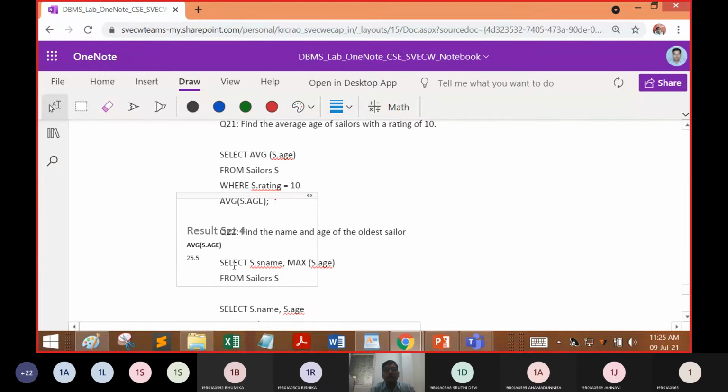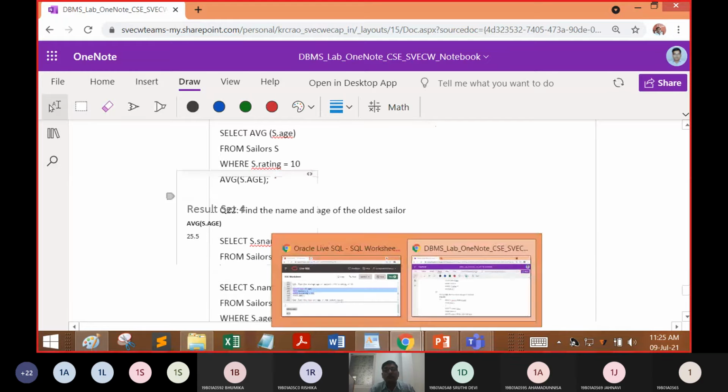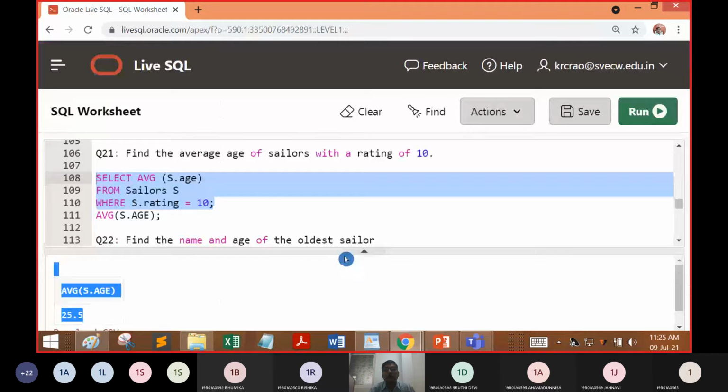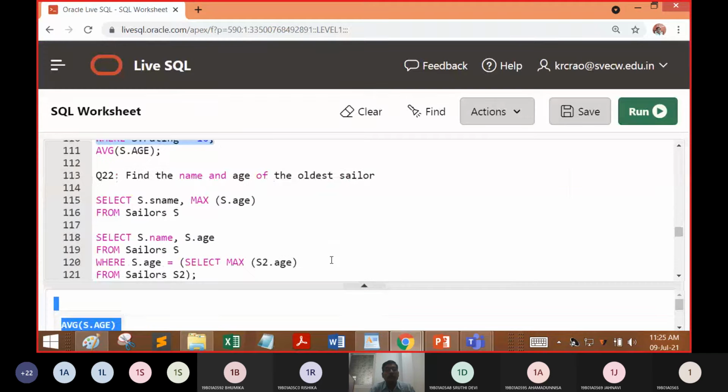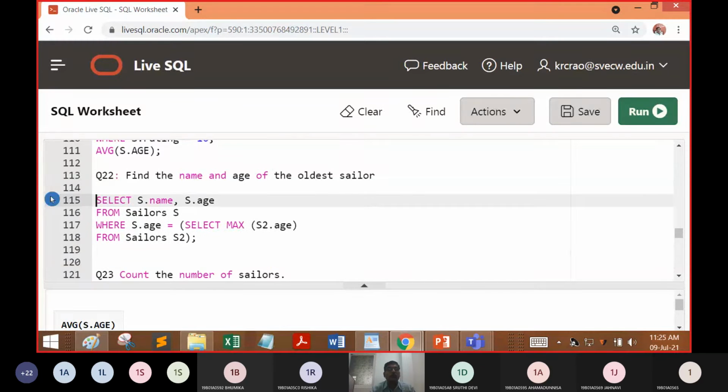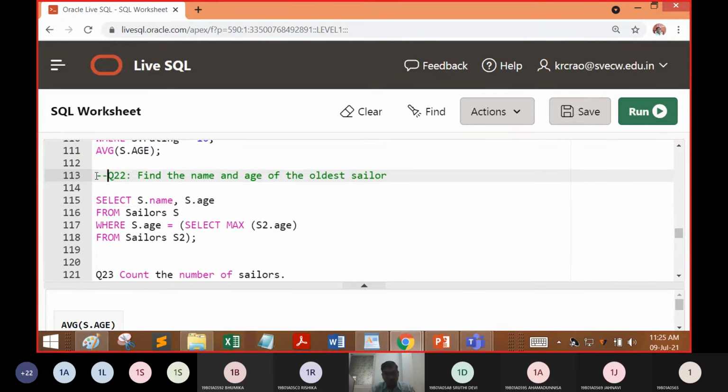Next one was we are now working on the nested query model. In this nested query model, we want to find out the name and age of the older sailor. To do that, first of all, we need to find who is the oldest sailor in the database.